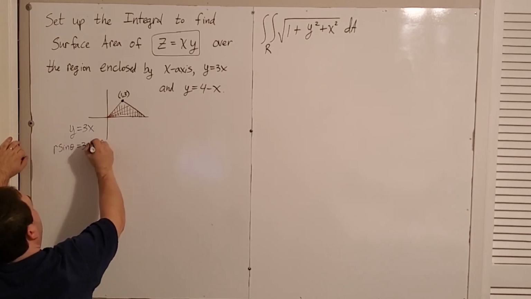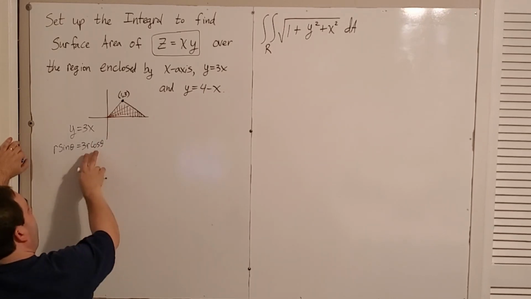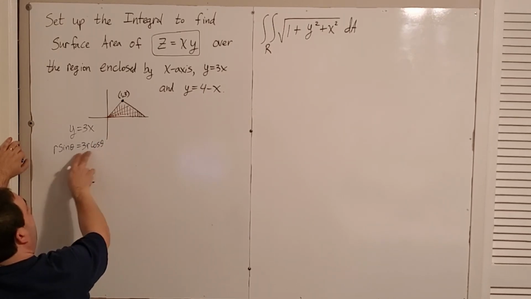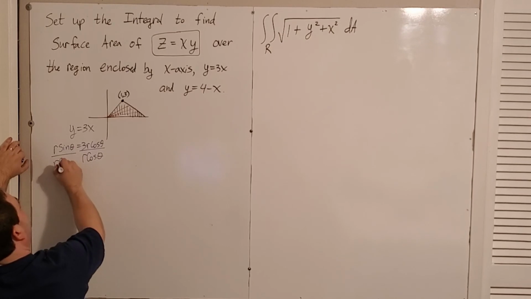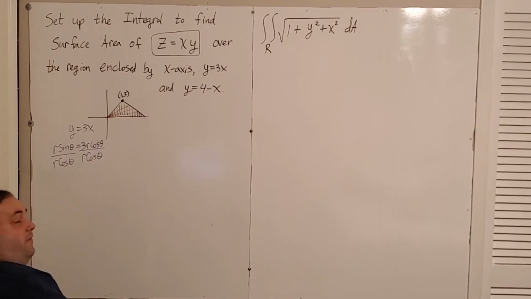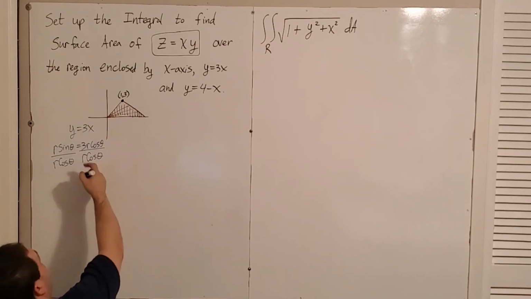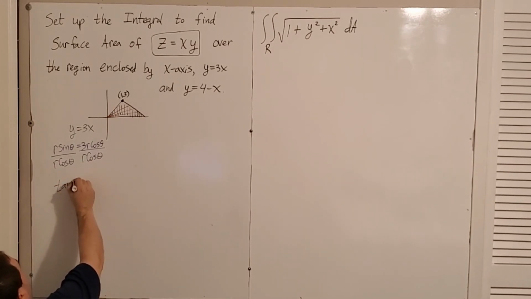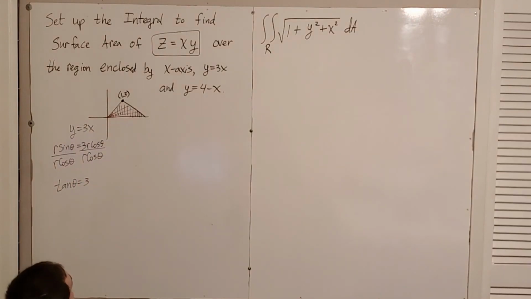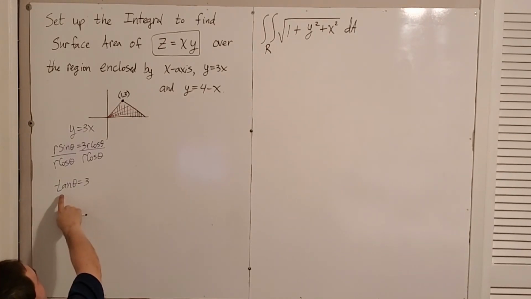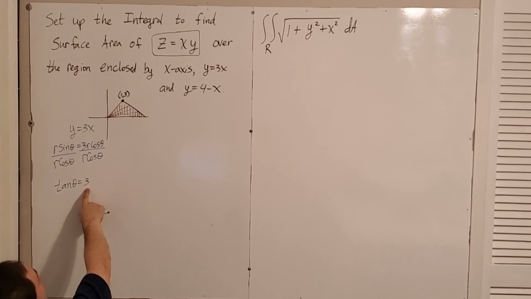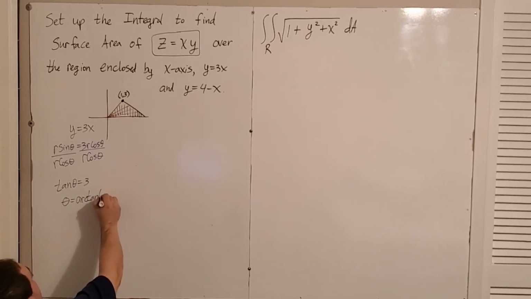Here it's quite easy to see that all I've got to do is divide both sides by r cosine theta, and what I'm left with is that tangent of theta equals 3. The equation of any line that goes through the origin in polar is going to be related to tangent. And you'll notice tangent is equal to the slope of the line, not a coincidence either. So theta is equal to the arctangent of 3.